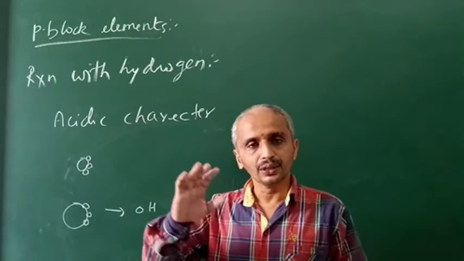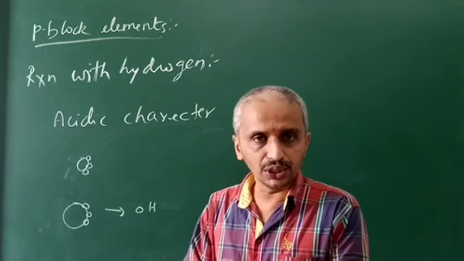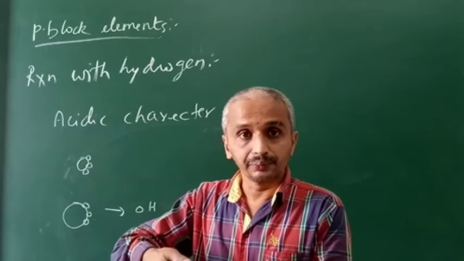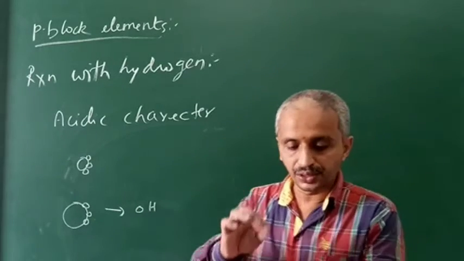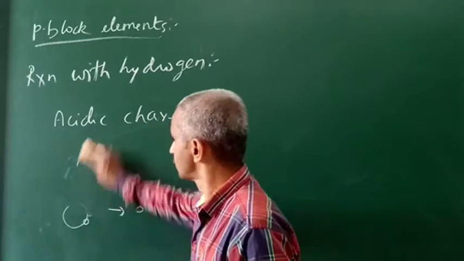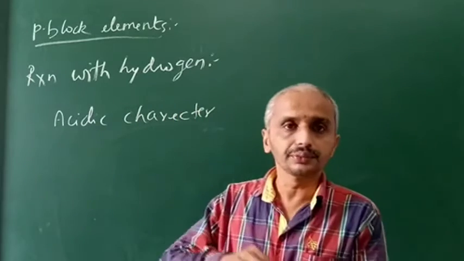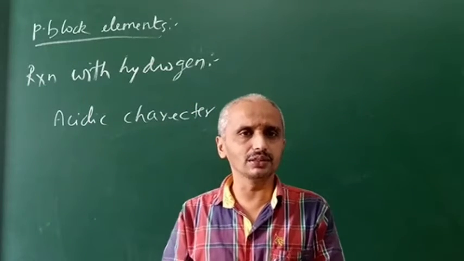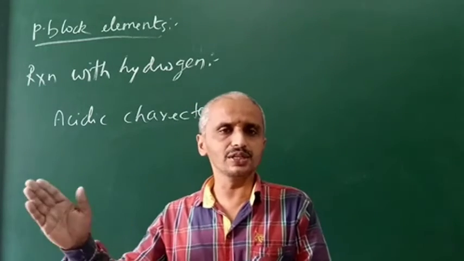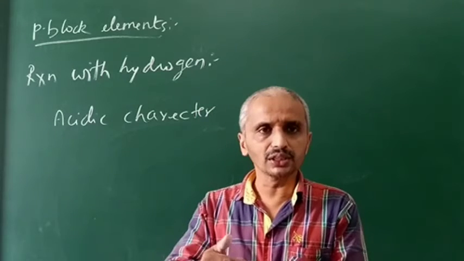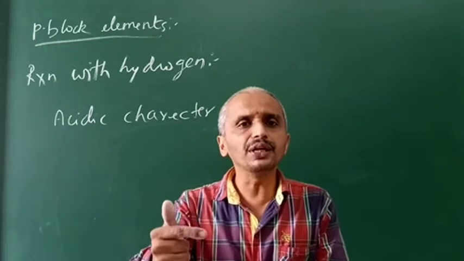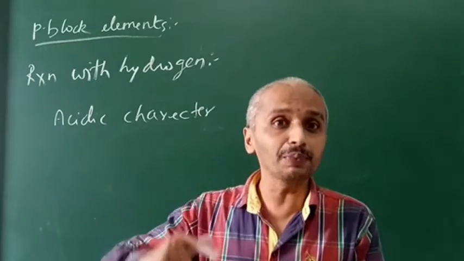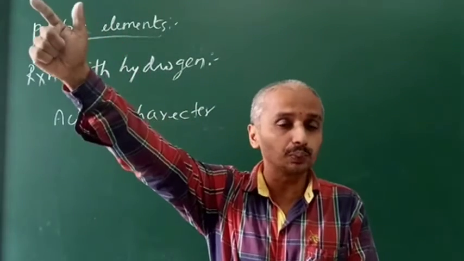Okay, so oxidation state I already mentioned. Now see, I already mentioned that as the size becomes bigger and bigger, the hydrogen losing tendency is more and more. Because of that, stability decreases down the group and reducing agent property increases down the group.